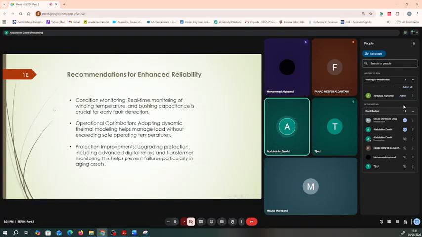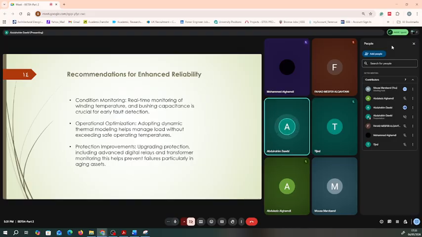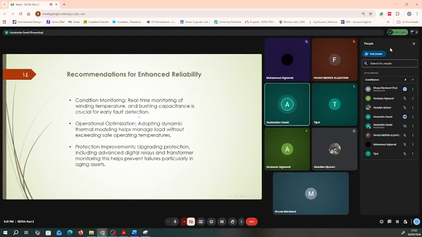I stopped right at the recommendations for enhanced reliability. The first one is condition monitoring. Real-time monitoring of winding temperature and bushing capacitance is crucial for early fault detection. The second one is operational optimization.